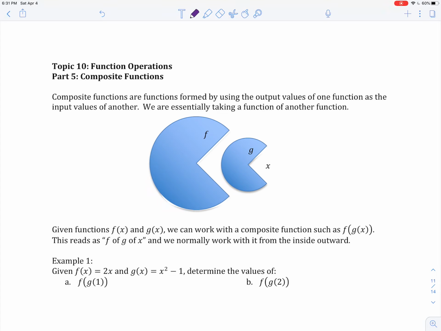This is the last little bit of topic 10, function operations, and it's the one that's a little bit different. Not gonna lie though, it is legit my favorite. This part 5 is composite functions, and that's where we're taking functions of functions. There are ways to do this graphically and algebraically, but my focus is going to be on the algebraic aspect of it.